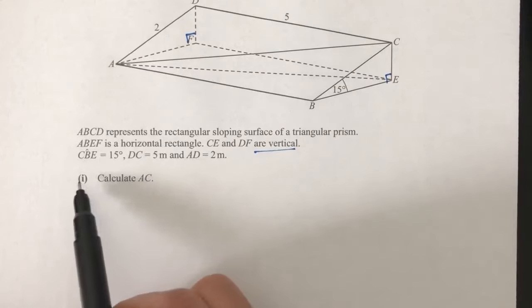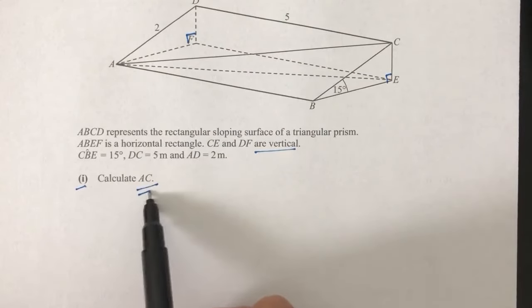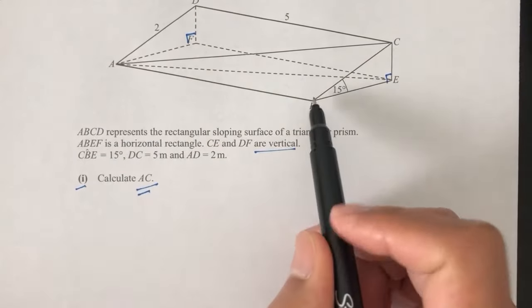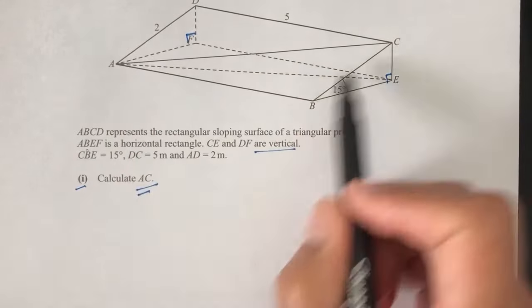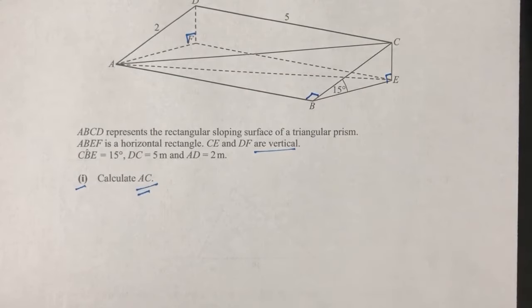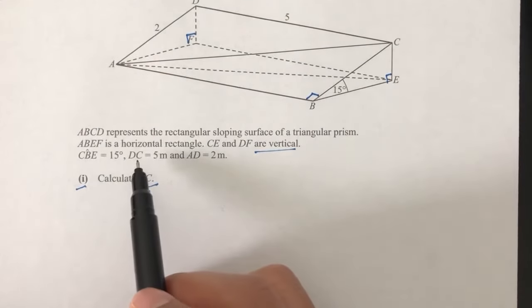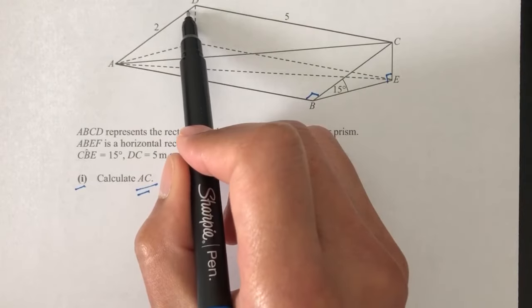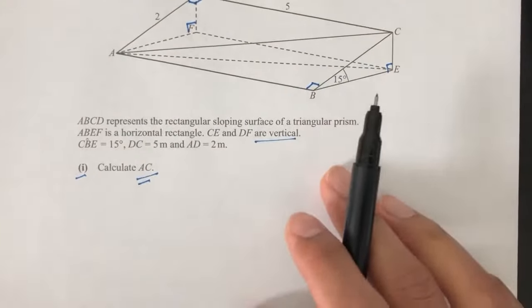Okay, so part 1, calculate the length of AC. So where's AC? AC is this one. Since this is a rectangle, this is 90 as well. So we have the length of DC equal to 5 and DA is 2. This is also 90. So AC will be by Pythagoras theorem.